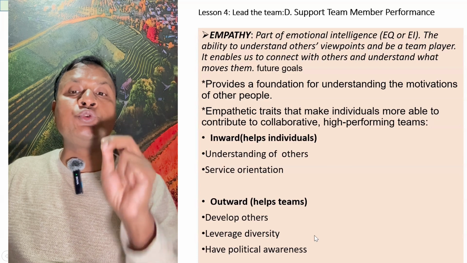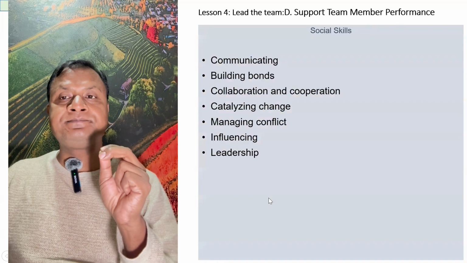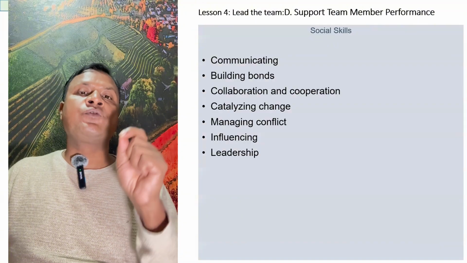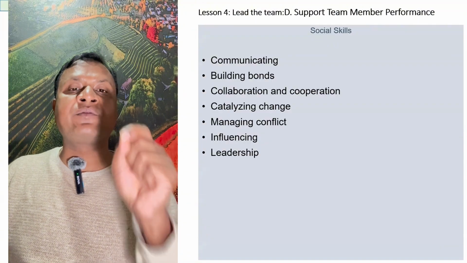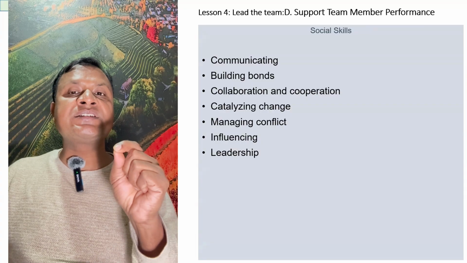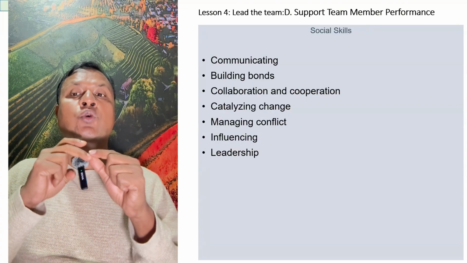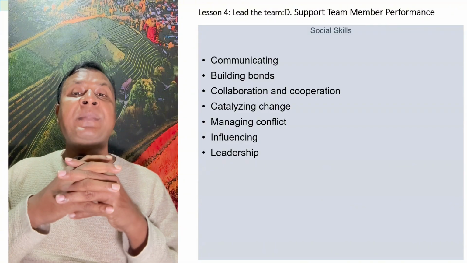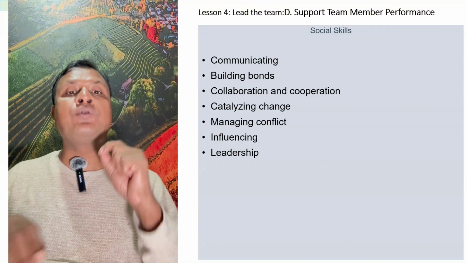So we should use both the inward and outward systems. And we should also focus on social skills for increasing team member performance. Social skills are communicating, building bonds, collaboration and cooperation, managing conflicts, influencing, and leadership quality.